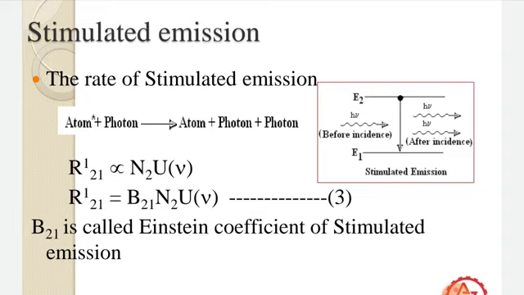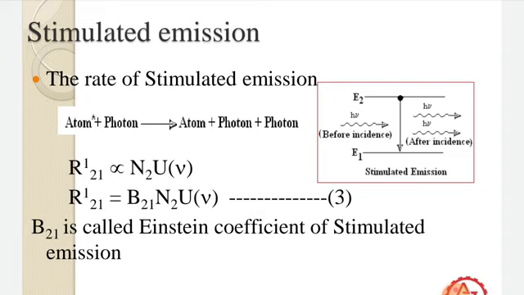So what happens generally: the atom in the higher energy state will last for 10 raised to minus 8 second, after which it voluntarily comes down. Now what we do is supply energy, a photon, to the atom in the higher energy state, stimulating it to come down to the lower energy state. When the atoms de-excite after the stimulation process, they emit two photons.